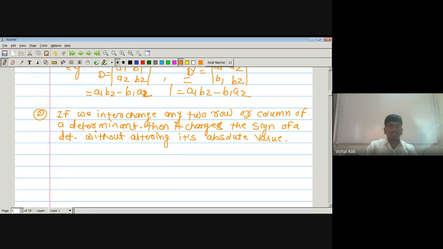Let us see: if D is the first determinant with rows A, B and C, D, its value is AD minus BC.